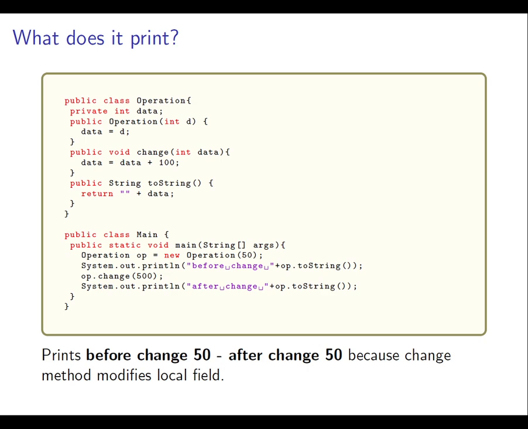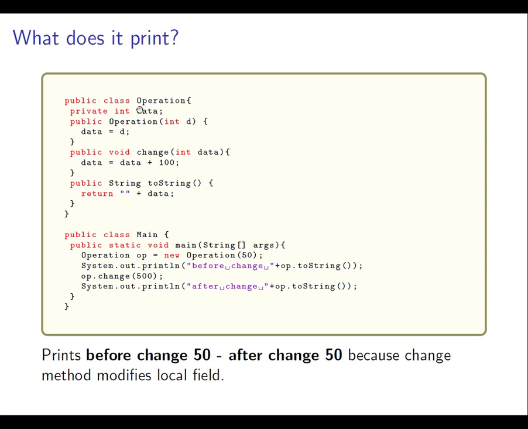Then what happens when we send the change method this time to our operation op? Well, in this case we do something with the data. Yes, of course. What's going on here? This is where you get into real trouble if you try using the same name for different things.